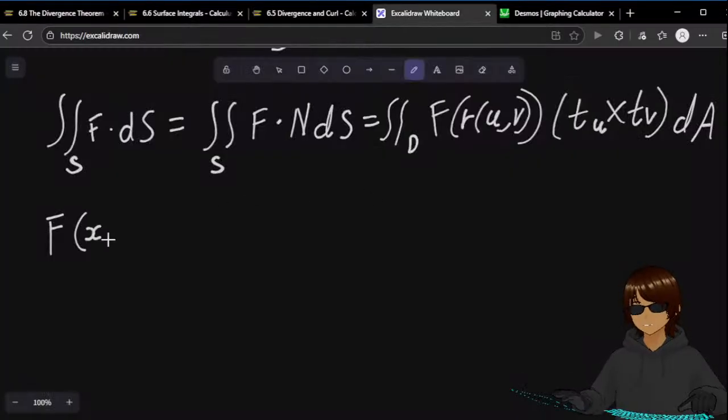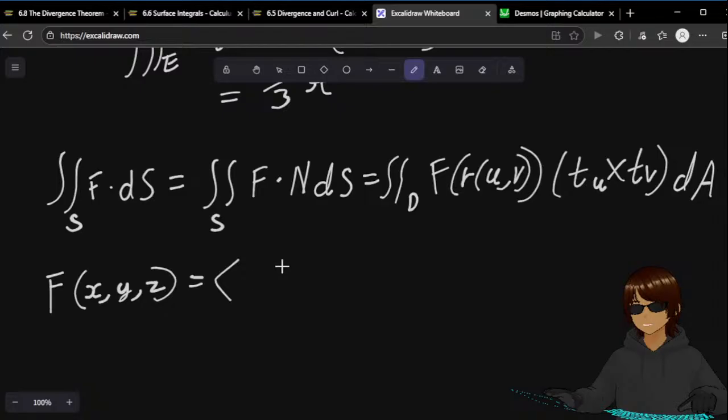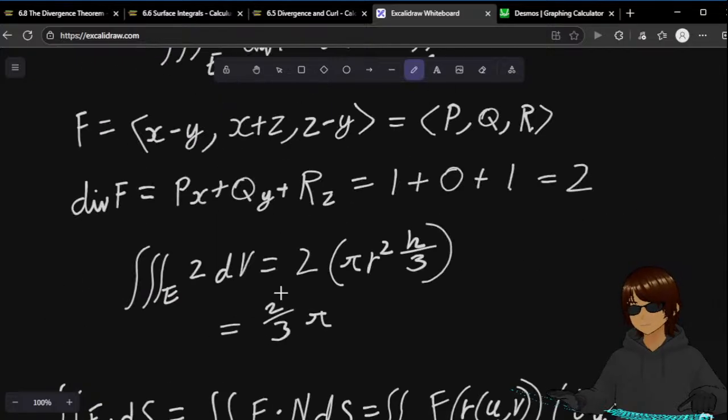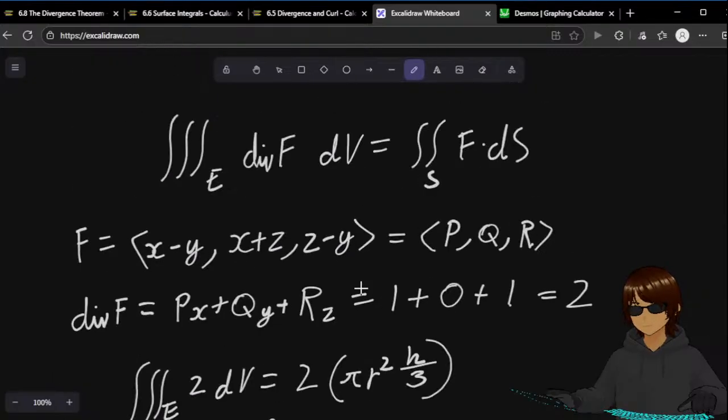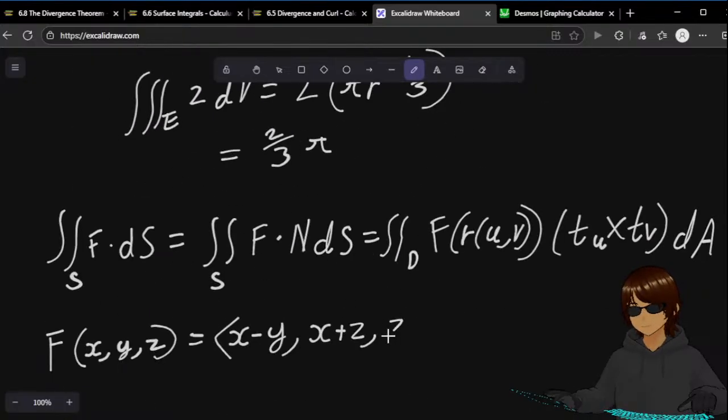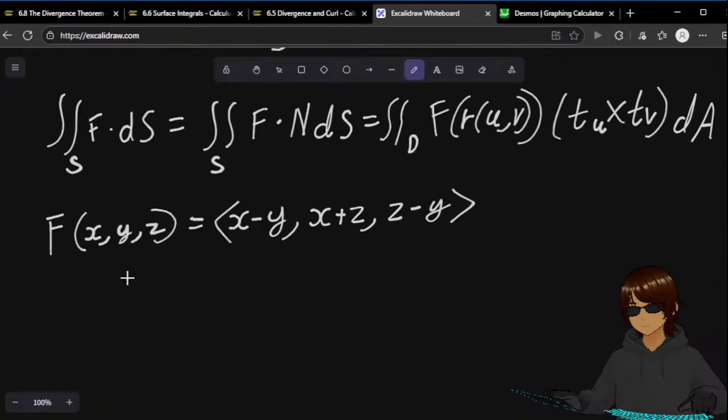It's F of x, y, z: x minus y, x plus z. And then we have the equation x squared plus y squared equals z squared.